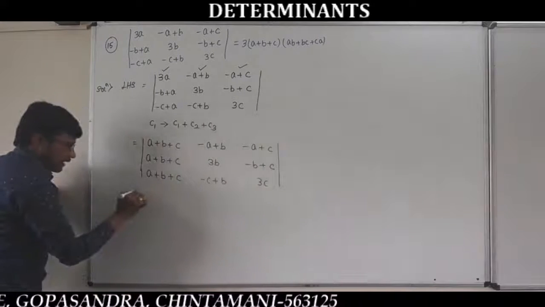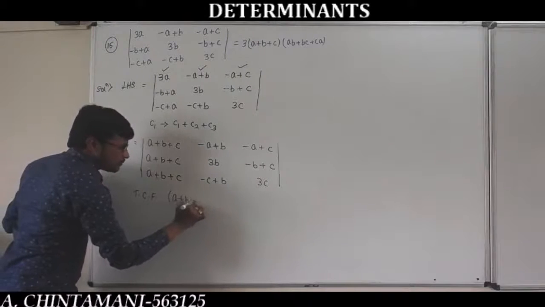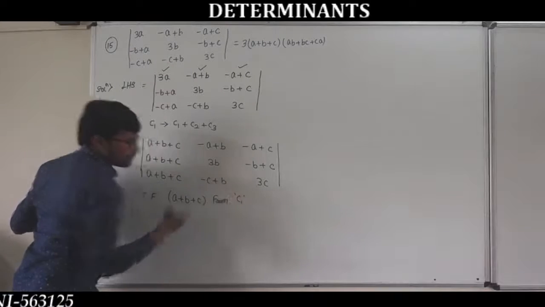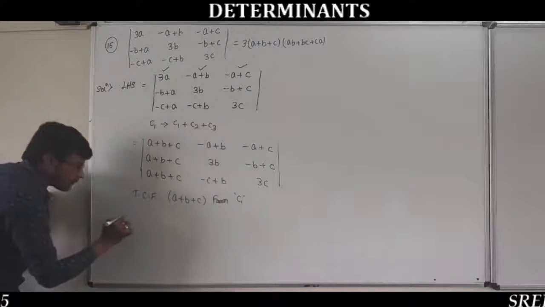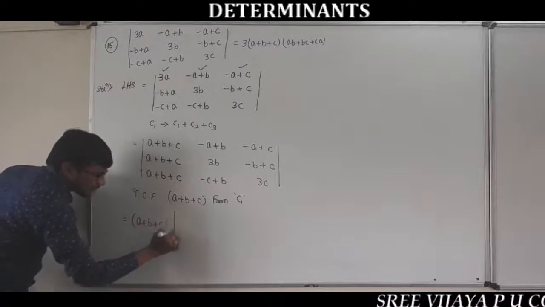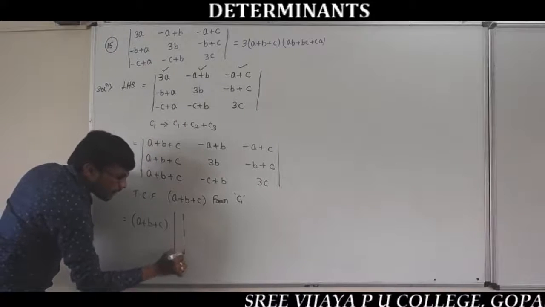Now, taking the common factor a plus b plus c from column 1. From column 1, a plus b plus c will be common. So a plus b plus c is taken as a common factor from column 1. What is remaining in column 1? 1, 1, 1.